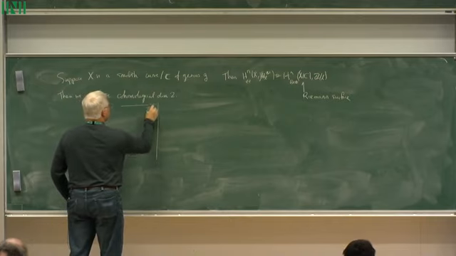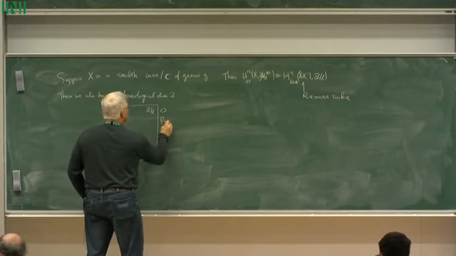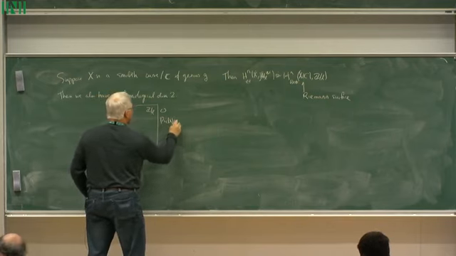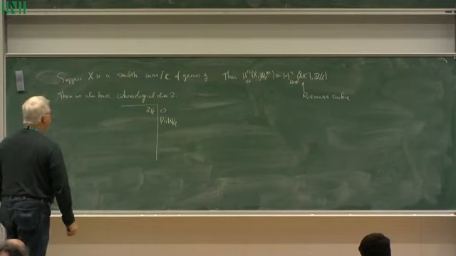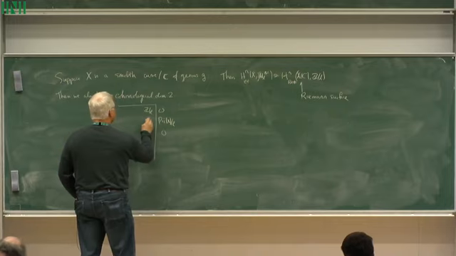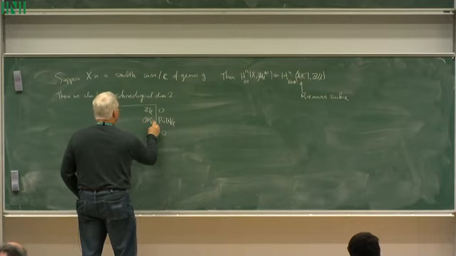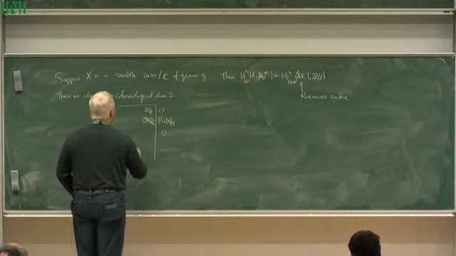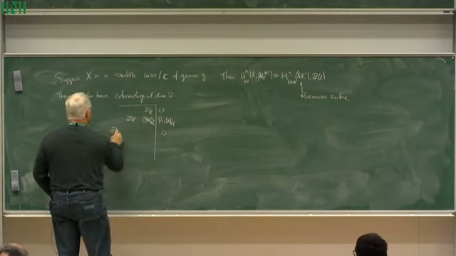So here's Z mod L. Here's 0. Here's the Picard group of X mod L. Here's 0. Here is O of X star mod L, which is 0. Here is Z mod L. Here is Z mod L.